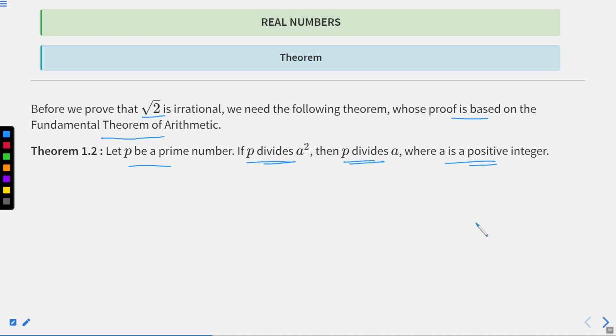So here p is the prime number that we have considered, and p divides a square, where a is a positive integer, and then we have to prove that p also divides a. For proving this theorem we will take help of the fundamental theorem of arithmetic. Okay, so let us see how to prove it.